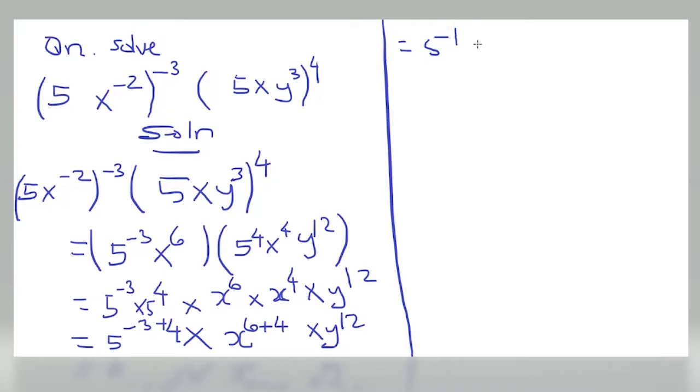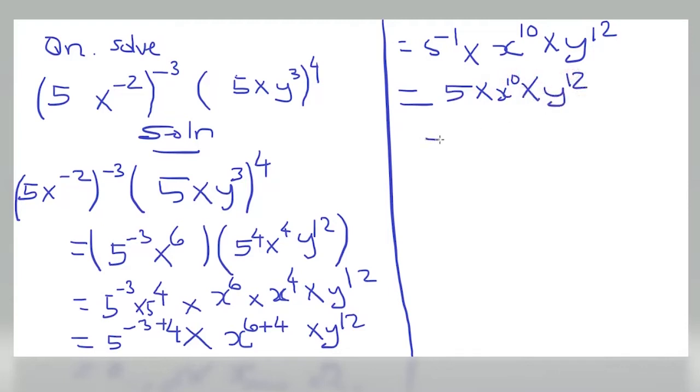Then x power 6 plus 4 is equal to x power 10, then times y power 12. Now a number power 1 is that number, so that will be equal to 5. Finally, this one can be written as 5x power 10, y power 12.